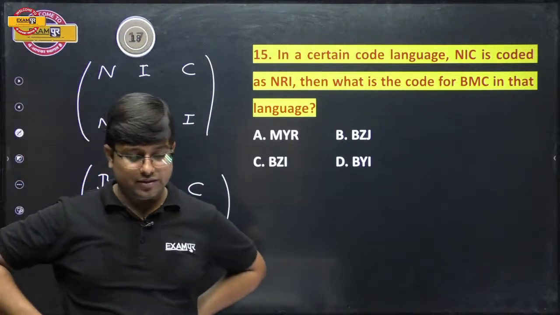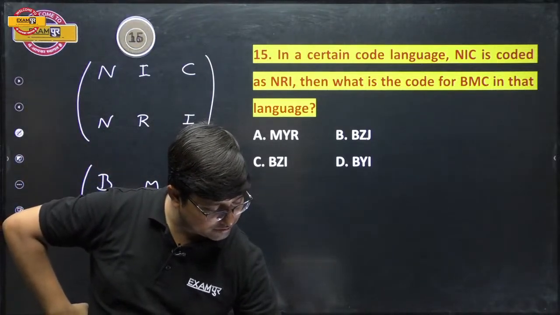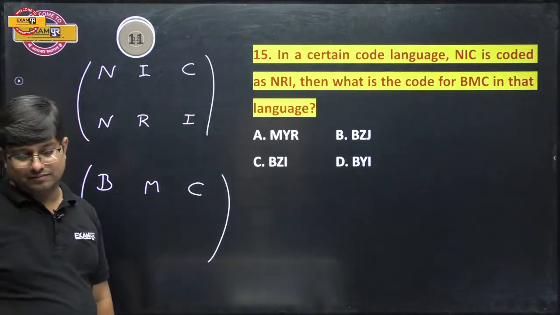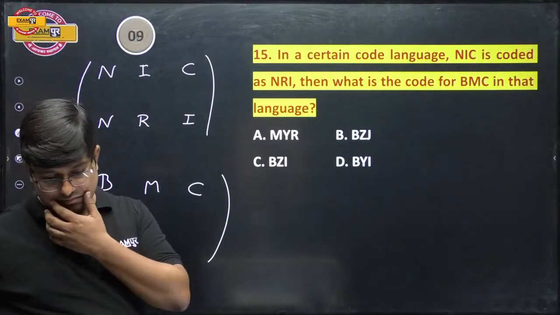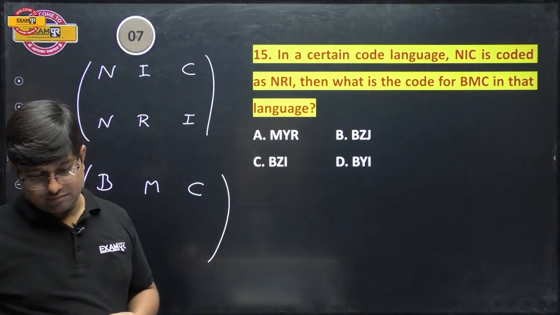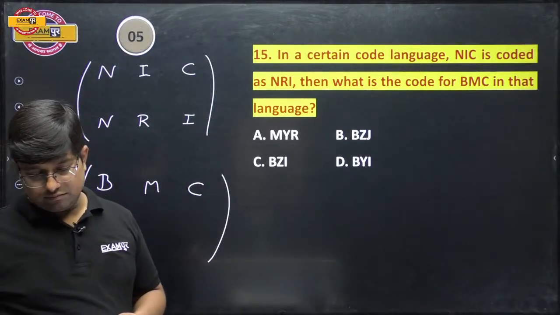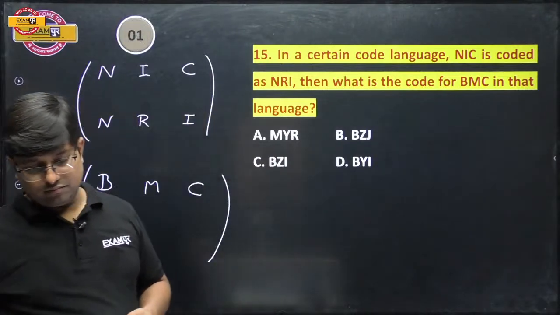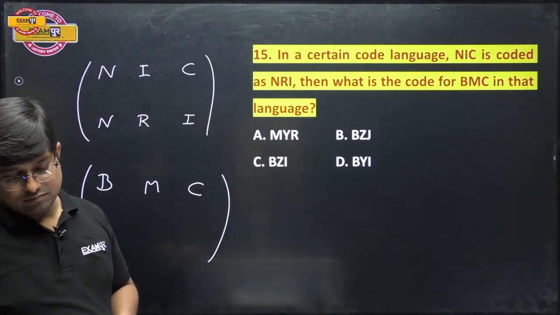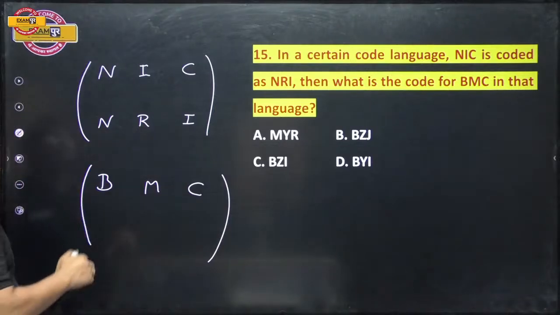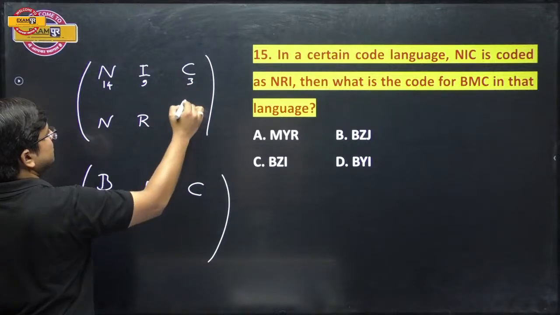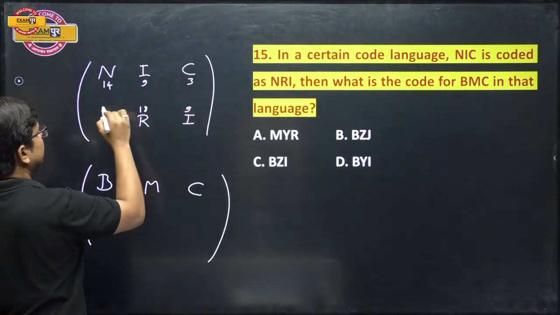Again, one of the good questions, my dear students. See, N's position is 14, I 9, C 3, 9, 18, 14.